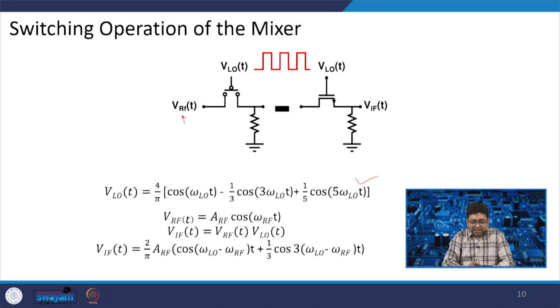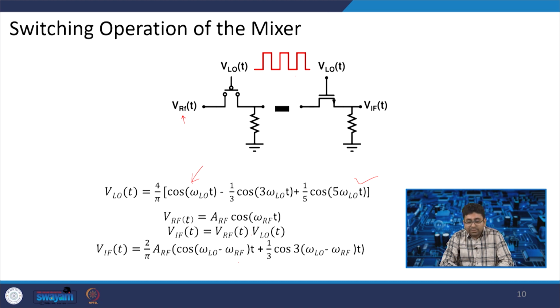Because it is switching, VIF(t), the intermediate frequency, equals VRF(t) into VLO(t). If you consider only the first harmonic and neglect 3 omega LO and 5 omega LO, you get cos of omega LO minus omega RF t plus 1 third cos of 3 omega LO minus omega RF t, and the amplitude is multiplied by 2 by pi.